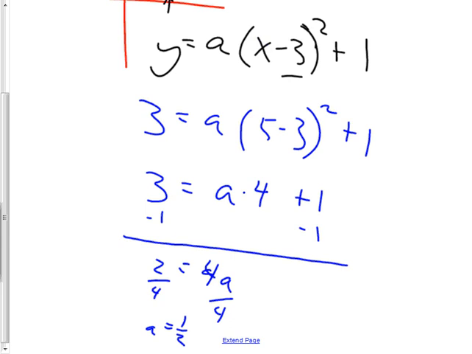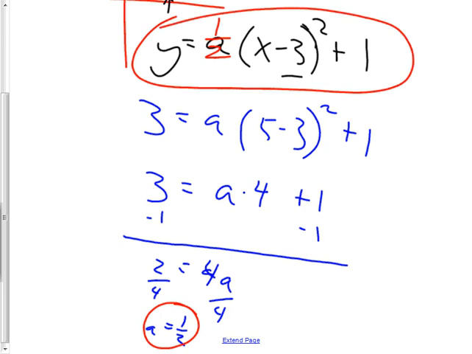I just figured it out. It's 1/2. I'm going to stick it here. And there's my answer. Just like the other problem where you have the 2 dots and you have to draw a straight line through them, this is just a different equation because you have a curved line.